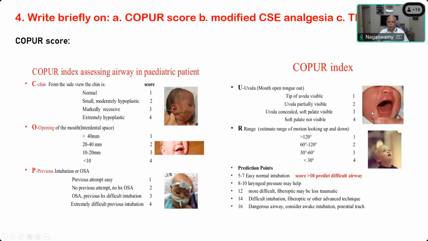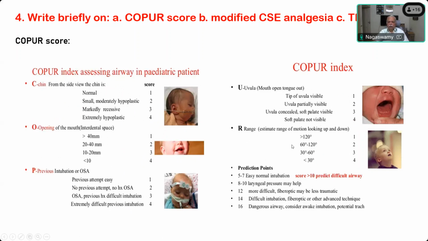Some older children, because of separation or stranger anxiety, will cry and open their mouth automatically. At that time, you can have a view of the uvula. And this is something like your Mallampati story, where if you can see the uvula, you get grade 1. If you can't see the uvula, you get grade 4. Same thing, only the soft palate is used. So this is something like the component of your Mallampati.